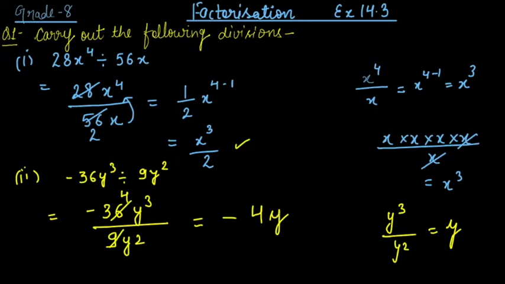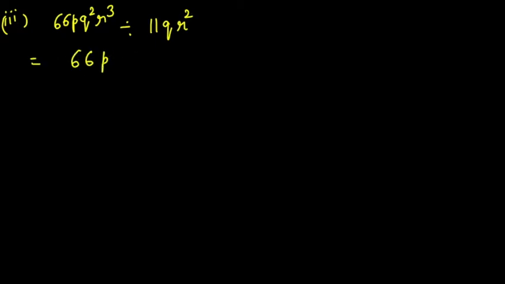With the next question, third part, it says 66pq square r cube to be divided by 11qr square, right? So this is your question. Again you have to divide a monomial with a monomial. So again 66pq square r cube upon 11qr square.